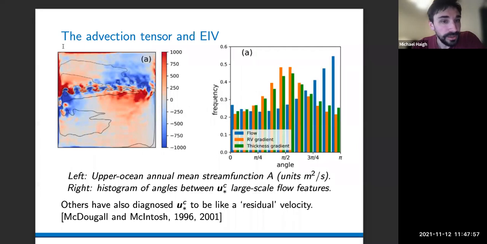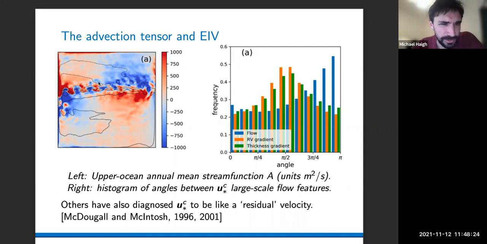Here on the left, I show the upper ocean time-mean stream function, A. That's just the off-diagonal entry of the advection tensor. The time mean is evaluated over just 1 year of data. I think it is easiest to reach some kind of interpretation of this by considering it as a stream function rather than as a component of the skew flux.